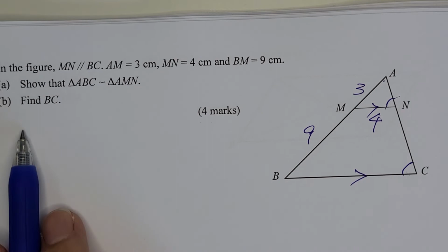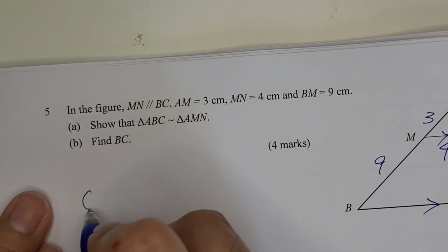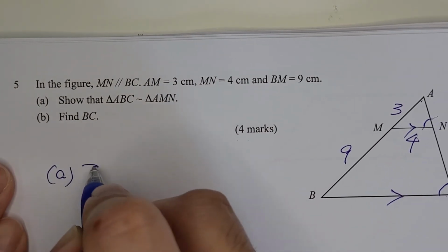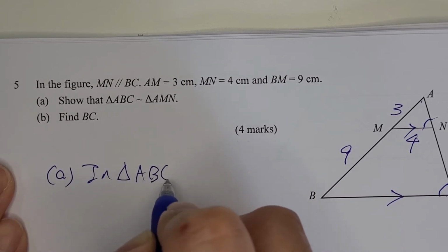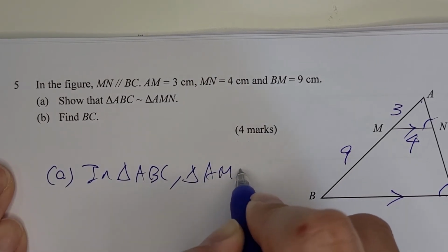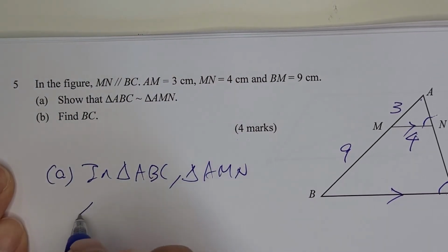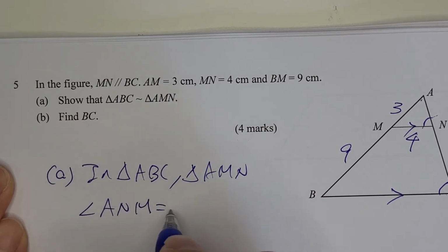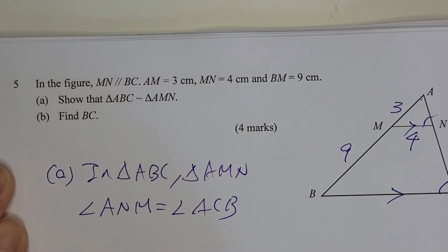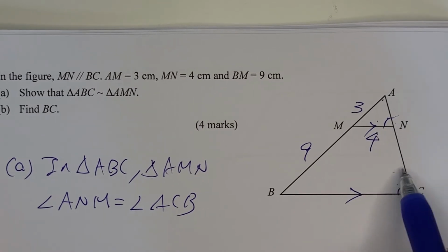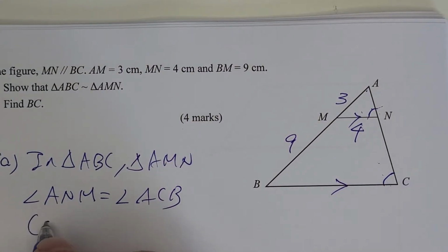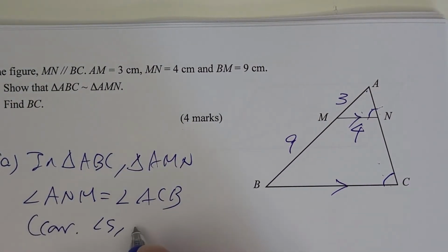So B, you need to find the length of BC. So do part A first. Part A is quite straightforward. In triangles ABC and AMN, angle ANM equals angle ACB. As you can see, these two angles are equal. Reason, corresponding angles, MN parallel to BC.